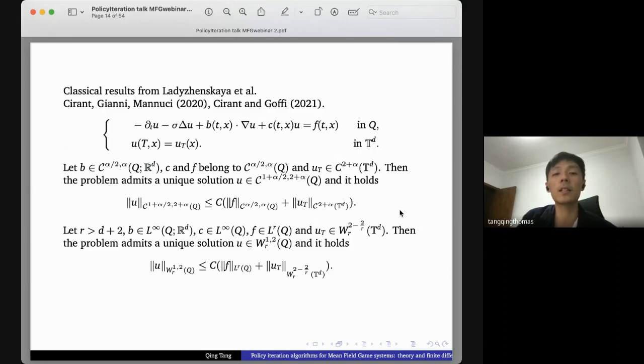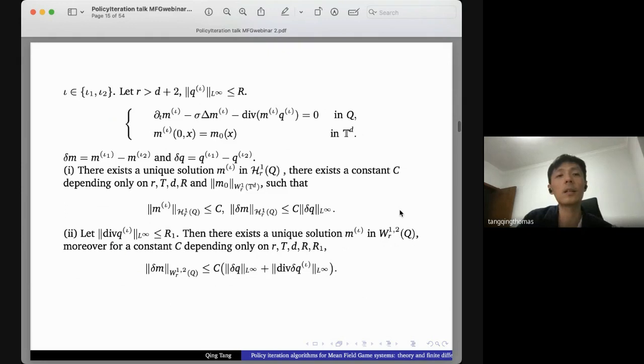So you have these estimates for the divergence form PDEs. Basically the solution is controlled by some terms on the right-hand side and the final condition. You have a Hölder estimate and Sobolev estimate. That's one thing. And for the Fokker-Planck equation, one needs to use the estimate for parabolic equations in divergence form.